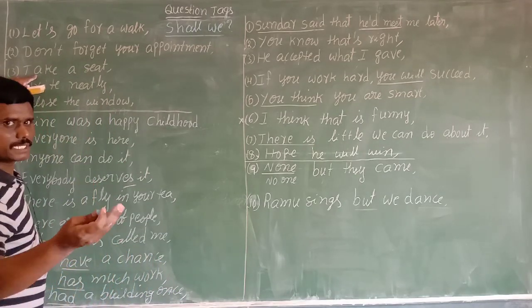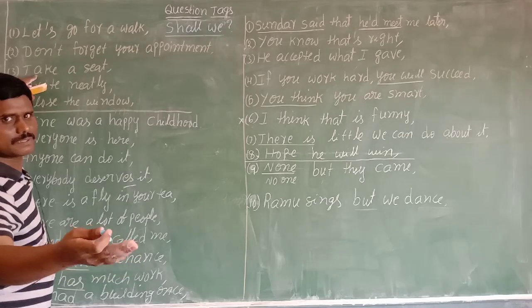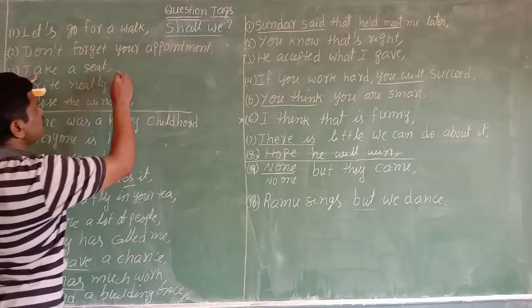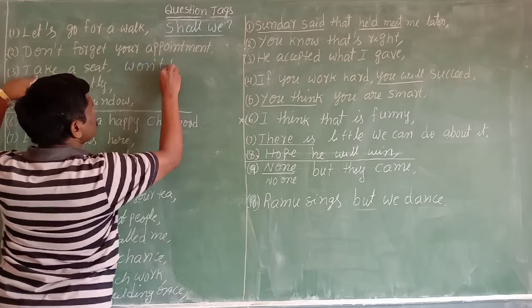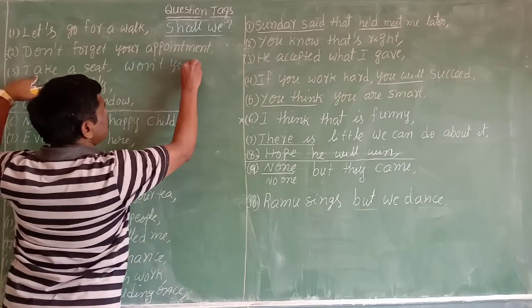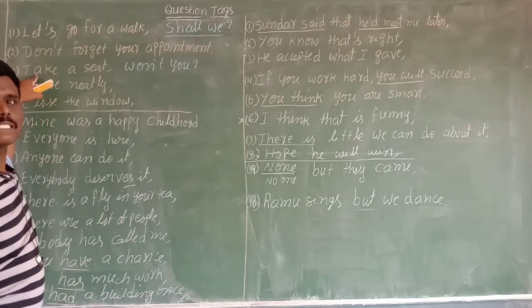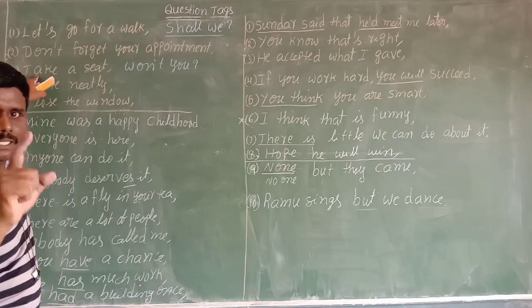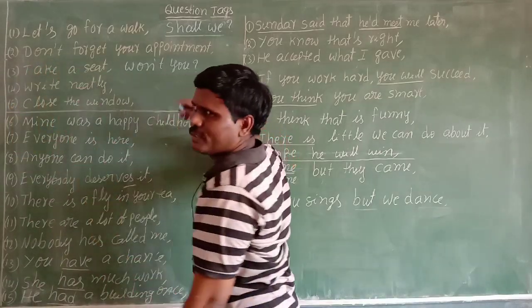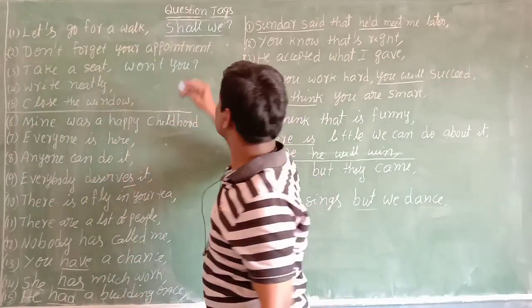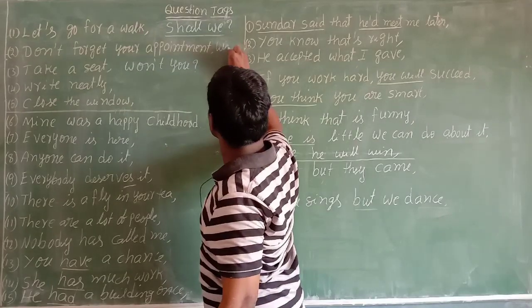Politely we say take a seat. No warning, nothing. In this case, we use a negative, won't you. Otherwise, in all the cases, less polite or order or command, the question tag is will you. For example, don't forget, an order. So that is the will you question tag.